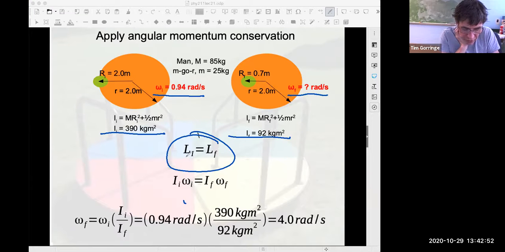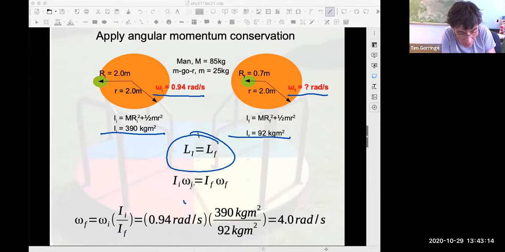The initial angular momentum, I called it Li, is equal to the final angular momentum. I call that LF. Just like for the skater pulling her arms in, for me pulling my arms in, the angular momentum was conserved during those acts of pulling the arms in or this man walking inwards.